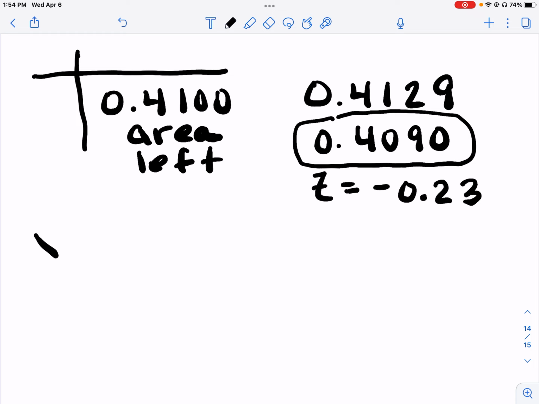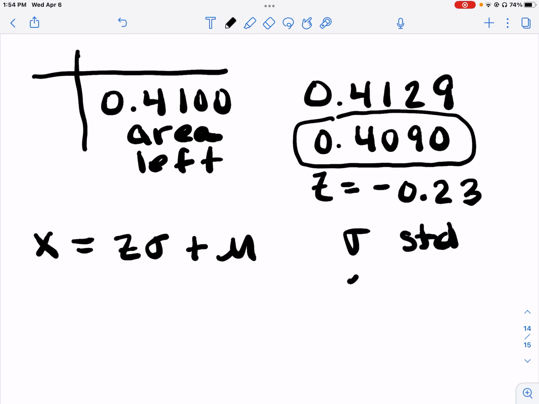The actual score is x, and x is found with this formula: z times standard deviation plus mean. We just found z.